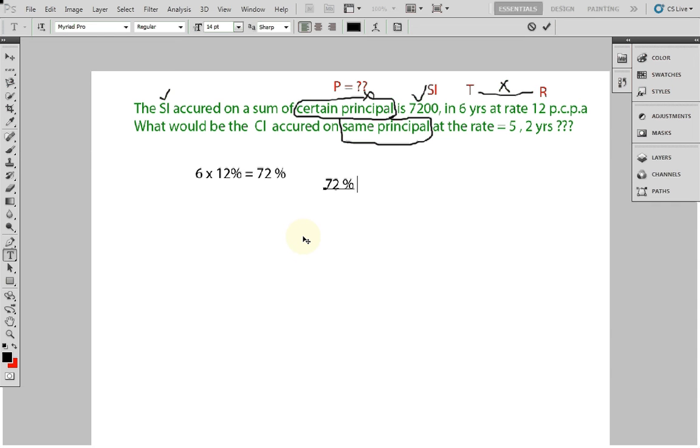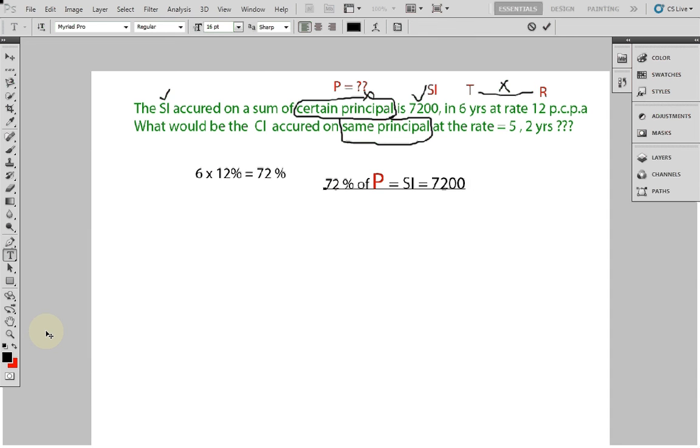72% of principal. Note this is very important. 72% of principal, I am always saying because you have to understand this very clearly. 72% of principal is equal to what? You all know 72% is equal to simple interest. As given, simple interest is 7,200.